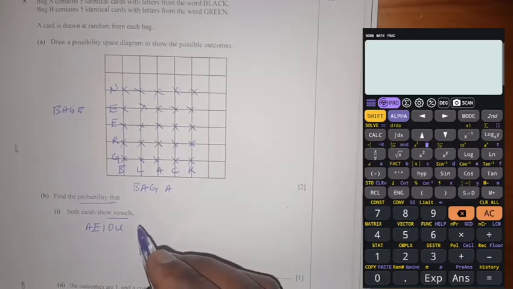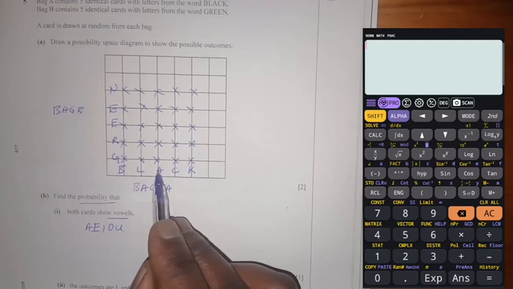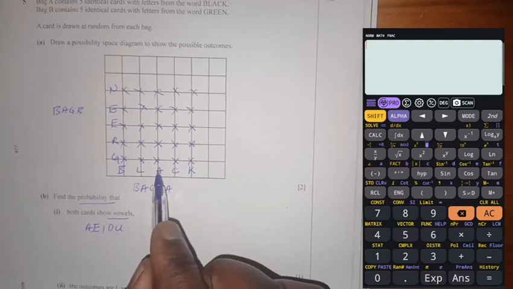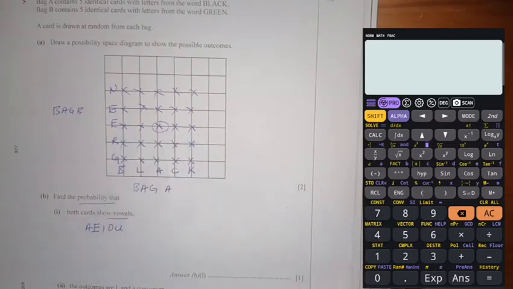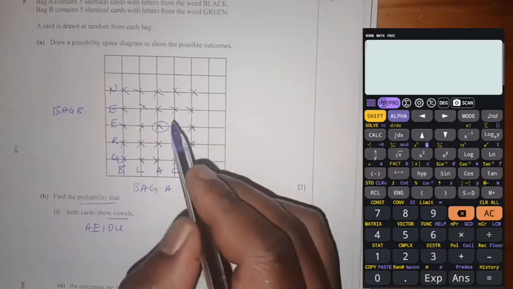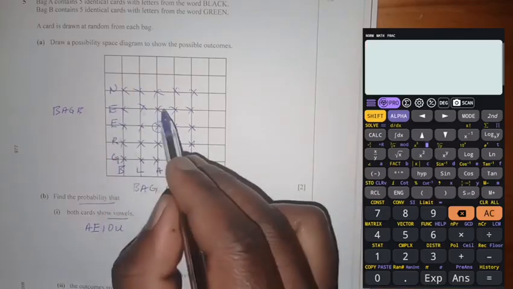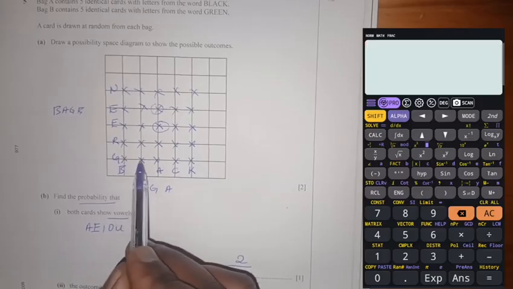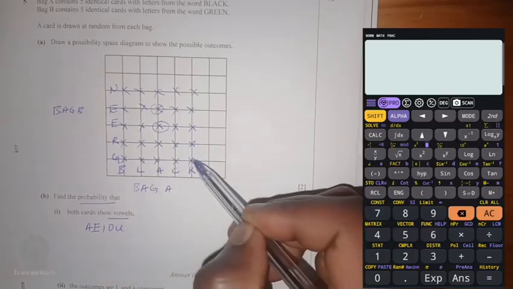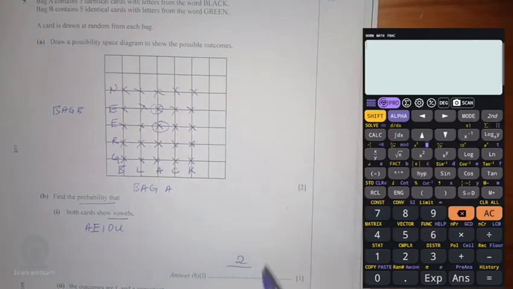From this side, the only vowel we have is A, together with E. That's the first outcome showing both cards with vowels. The second one, still A and E. So we have a total of 2 outcomes out of how many? 5 times 5, that's 25.